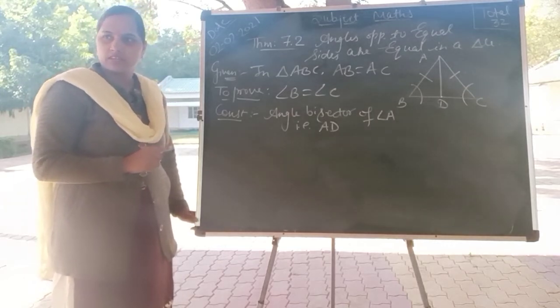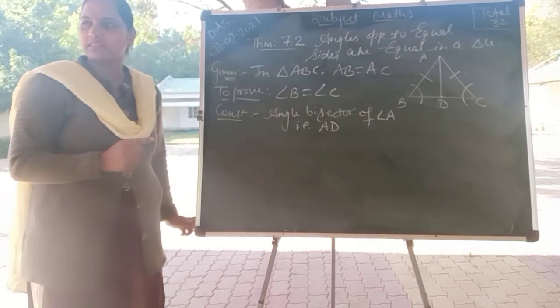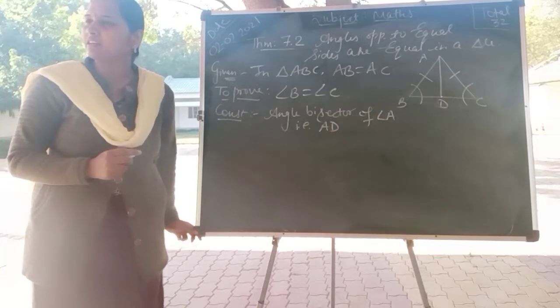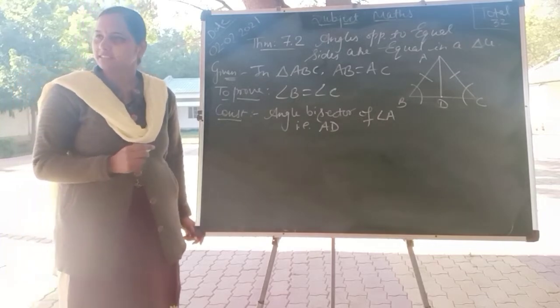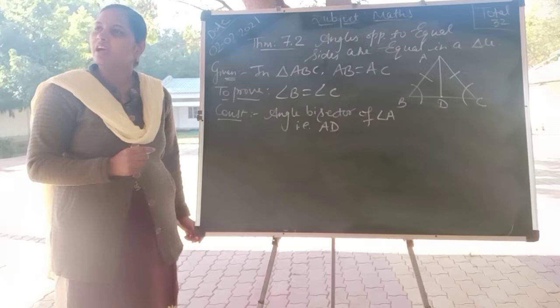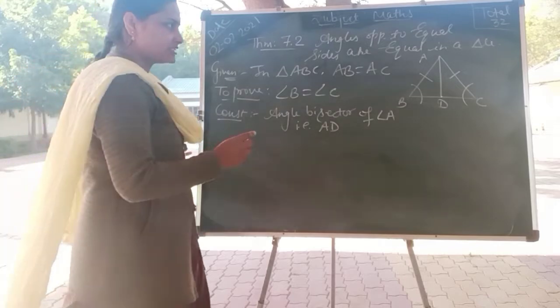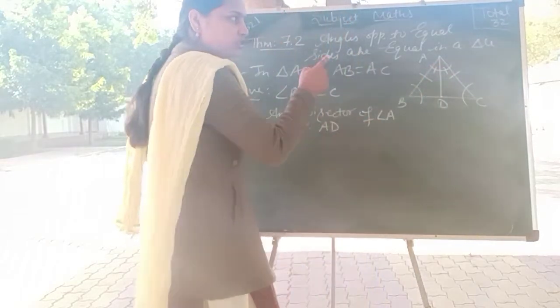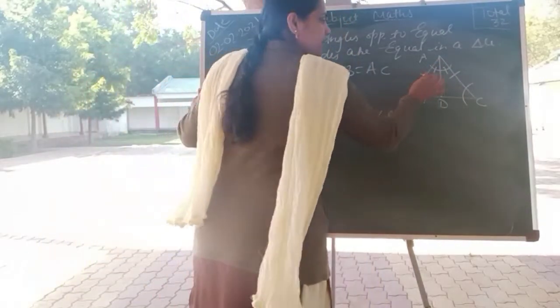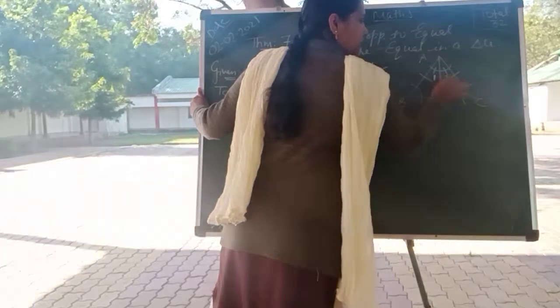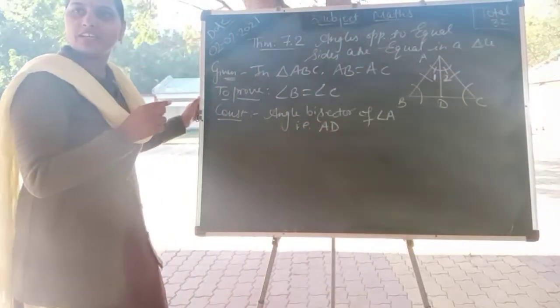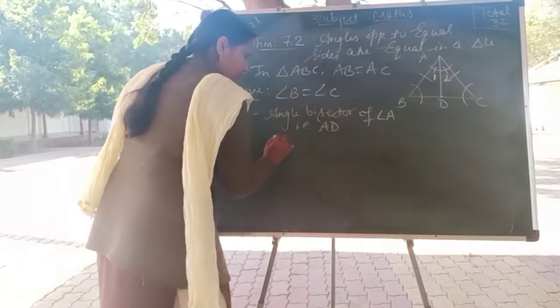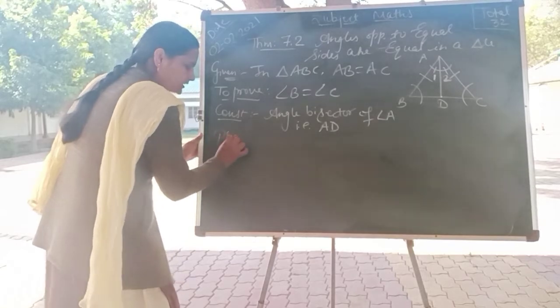Construction is angle bisector. Angle bisector means the line which divides the angle into two equal parts. So these two angles will be equal. I label them angle 1 and angle 2. So angle 1 equals angle 2. Therefore, the proof we will start.